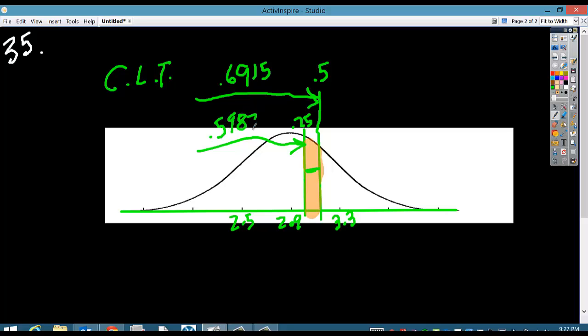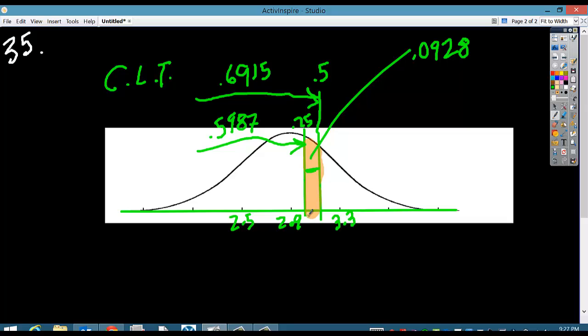So getting the area between is just a matter of subtracting these, and I get 0.0928, and that's the area in between, and it's also the probability that our sample mean falls between 3 right here and 3.1 right here. Okay, so that was part B.